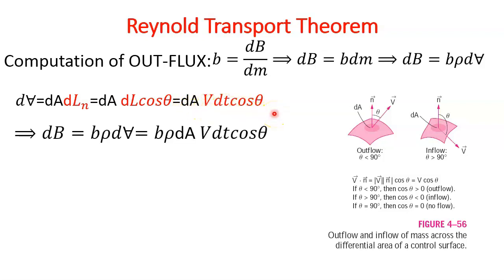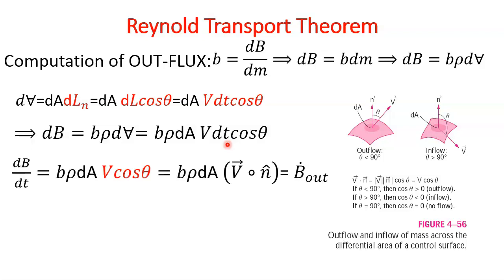Now dB is equal to b rho dV, and now that we are replacing dV from the last equation, we are left with b rho dA V dt cos theta. dB by dt is equal to b rho dA V cos theta, and now V cos theta we are writing as V bar dot n cap.